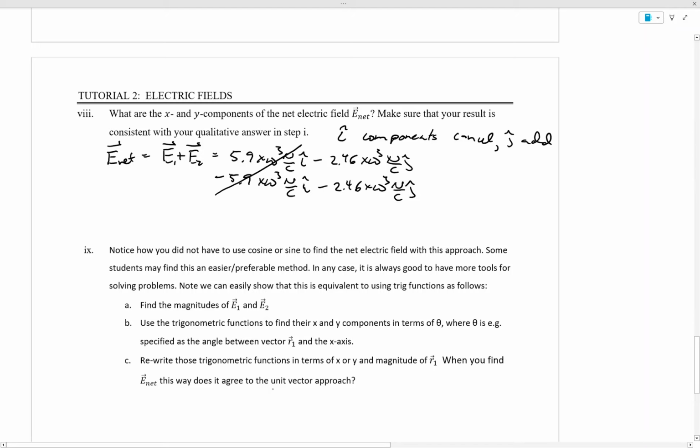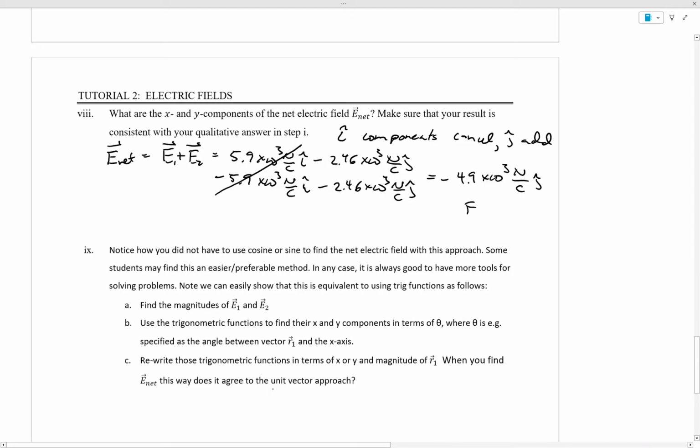These cancel out, and we're left with just one component, negative 4.9 times 10 to the third newtons per coulomb in j hat. So it's pointing down.